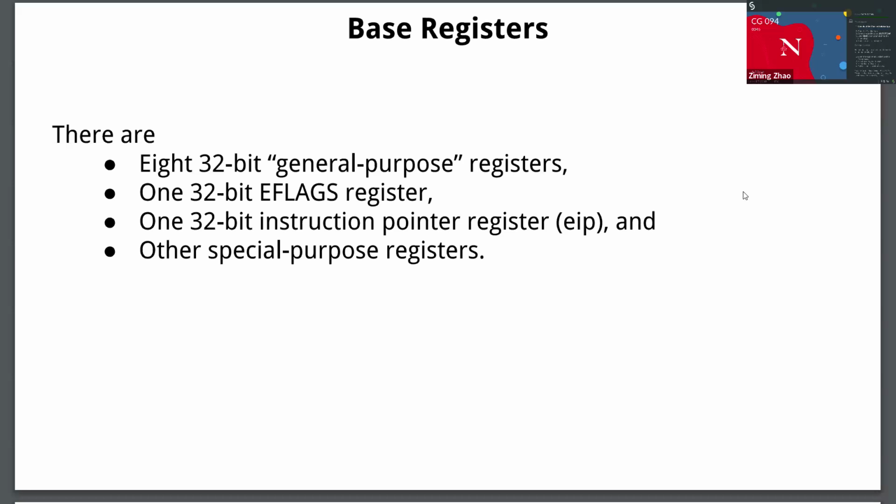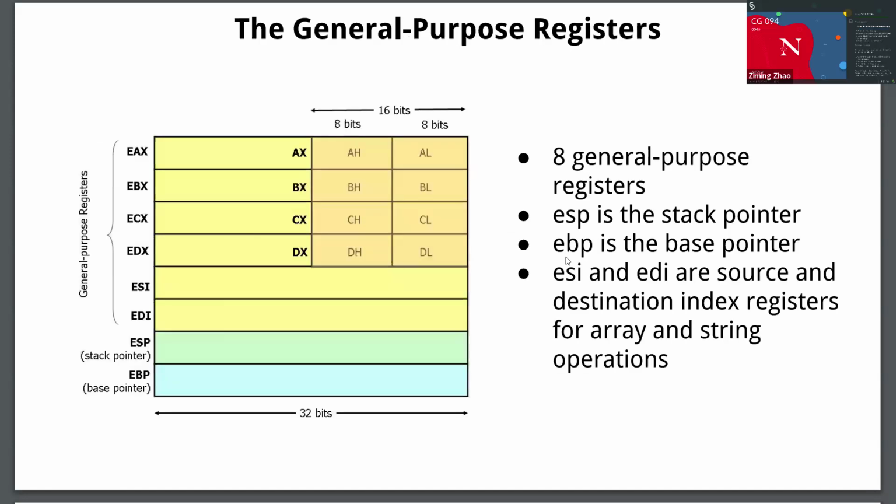Then there is an instruction pointer register. So pointer register means it stores the memory address. Okay, it points to the next instruction to be executed. That's called the IP instruction pointer. Because it's 32-bit, it's EIP. There are some other special purpose registers.